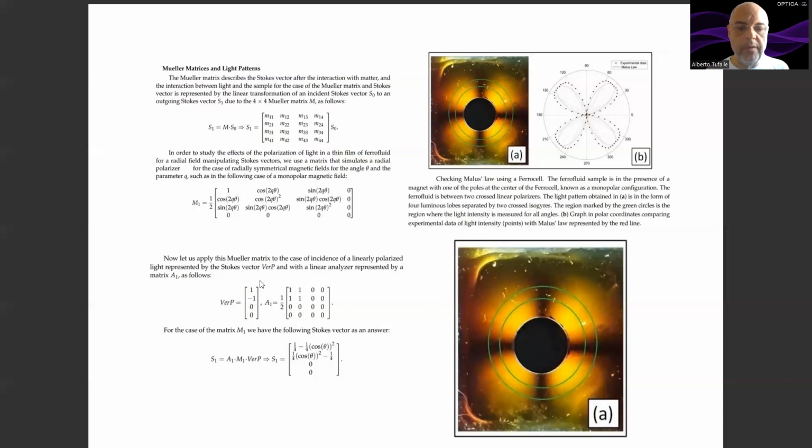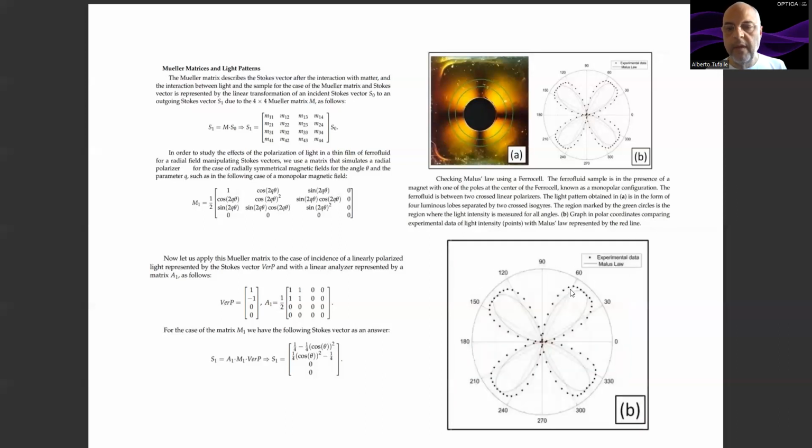This is our input Stokes vector, vertical polarized light, and applying this matrix M1 here, and this horizontal polarizer as an analyzer, we obtained this parameter for the experiment. For this calculation, we obtained this result. So we have here the calculation, and this is our experimental data.